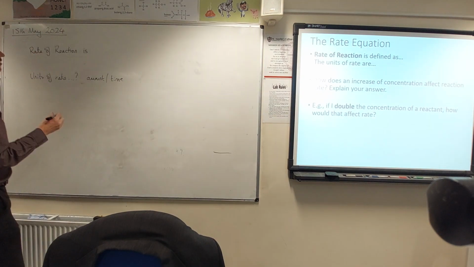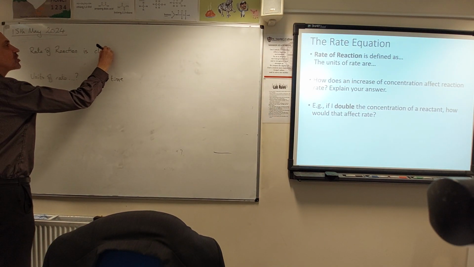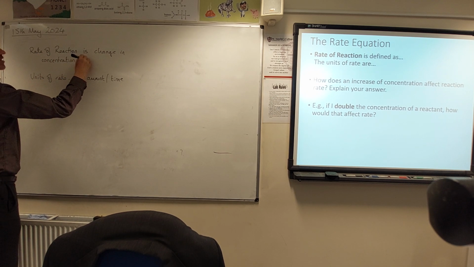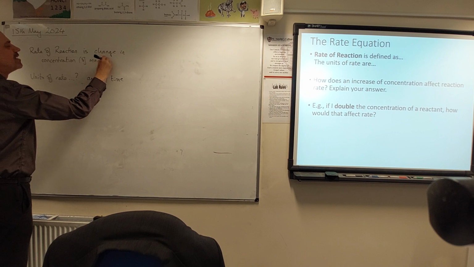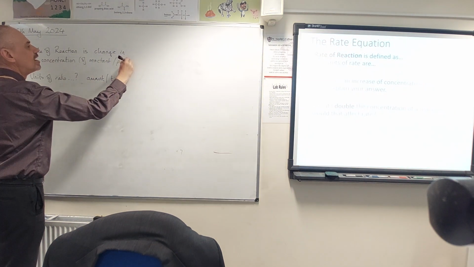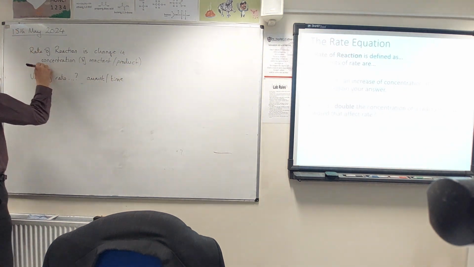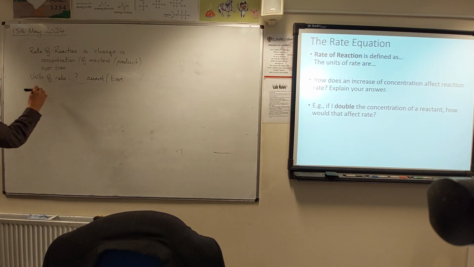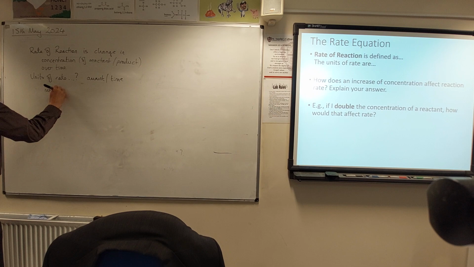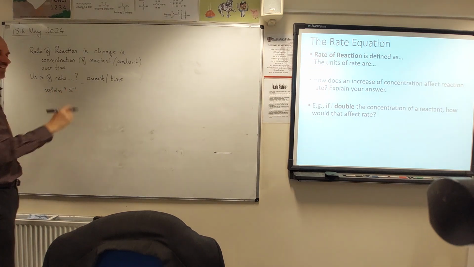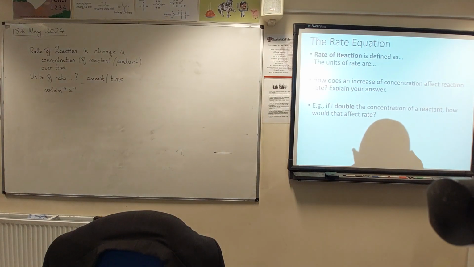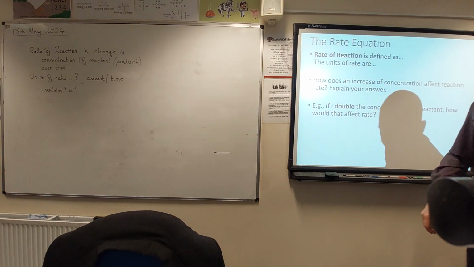We're going to measure it in change in concentration of reactant or product over time. And we're going to have the units of rate be mole per dm cubed per second. So change in concentration over time, mole per dm cubed per second.